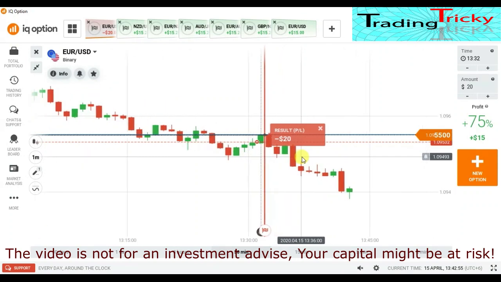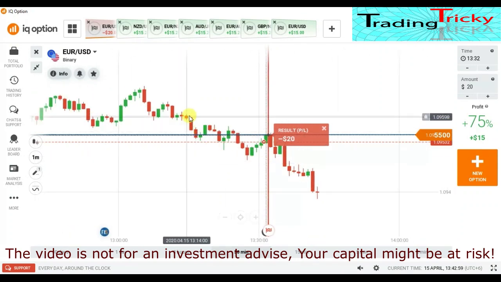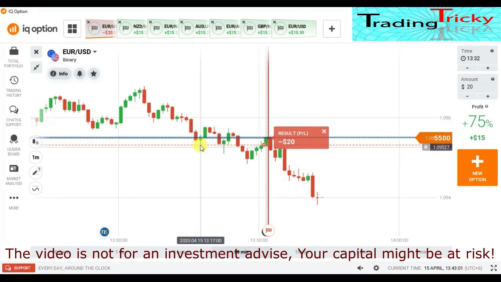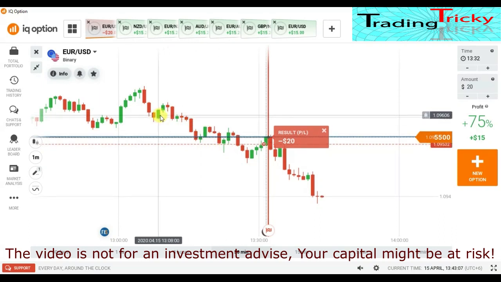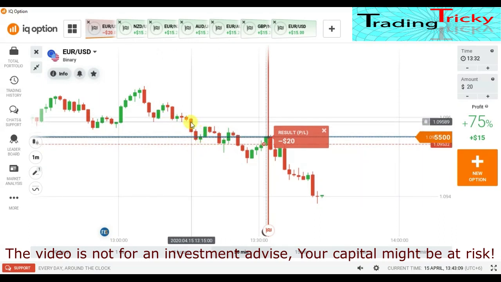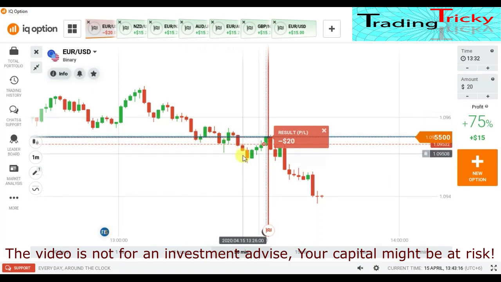I placed a lower option here because if I observe this market, everywhere there is a buyers' entry, but the sellers are stronger than the buyers. See, a lot of sellers' entry but few buyers, a lot of sellers, few buyers, a lot of sellers.